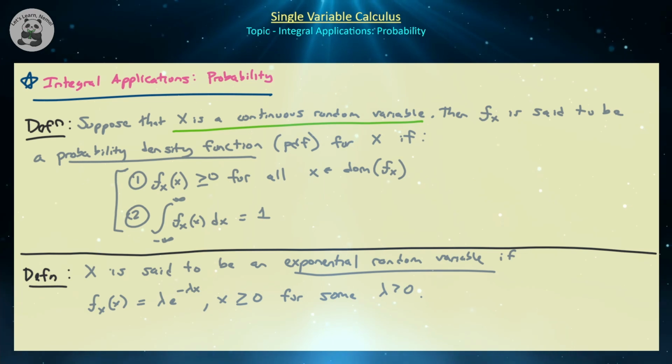Then the function little f of our random variable x is said to be a probability density function, or PDF for short, if that function satisfies two properties. The first property is that the probability density function must always be greater than or equal to 0 for all x in its domain, and the integral from minus infinity to infinity across this domain must be equal to 1.